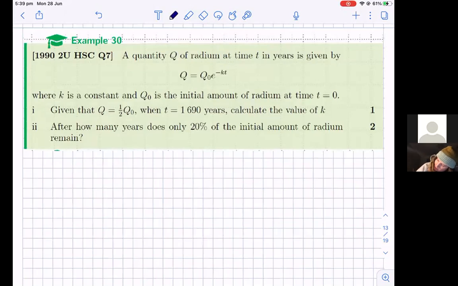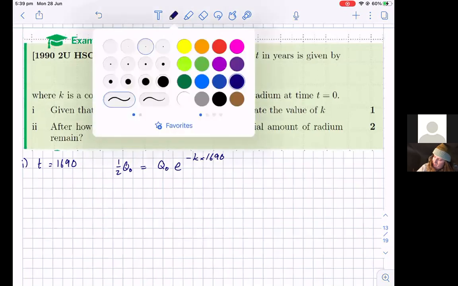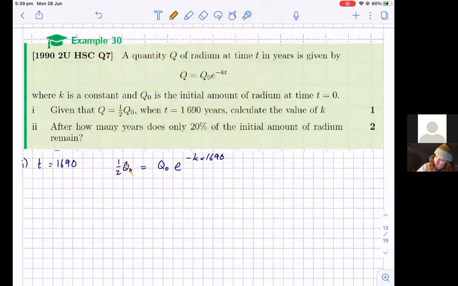So we know when T equals 1690, we've got half Q naught equals Q naught e to the minus K times 1690. Get rid of the Q naughts. So we've got half equals e to the minus 1690k, which means ln half equals minus 1690k.